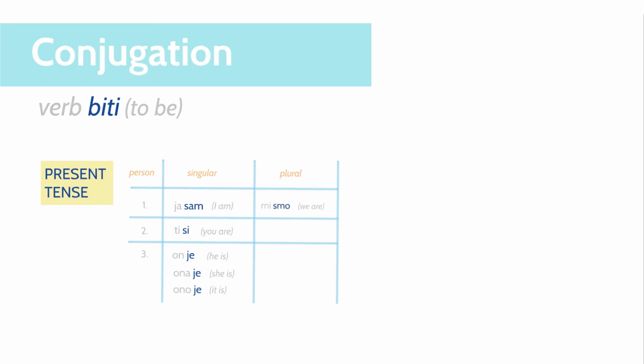We are. Vi ste. You are, polite or plural. Oni su. They are, masculine. One su. They are, feminine. Ona su. They are, neuter. That's it. You did it.